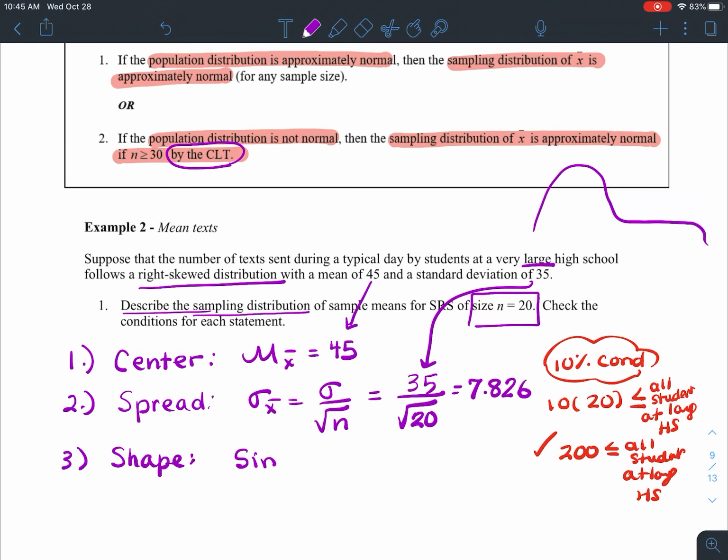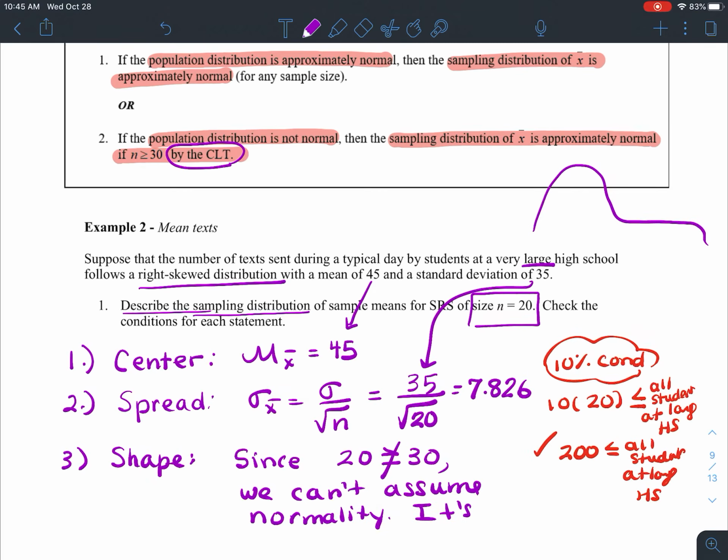But if I look at this, since 20 is, and I'm going to put a slash through that, not greater than or equal to 30, we can't assume normality. Okay, and our conclusion probably is that the shape, it's likely right skewed because we just didn't take a large enough sample for the shape to be normal.